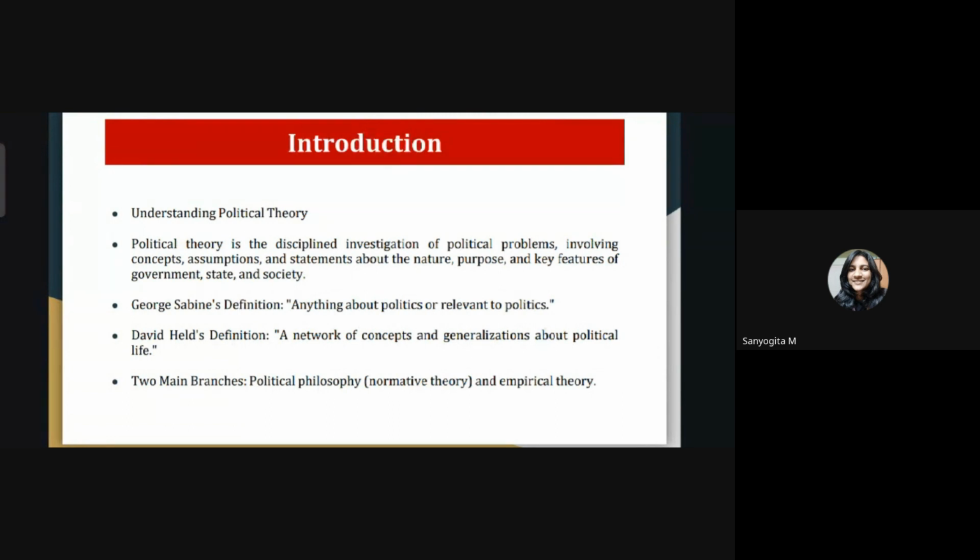Okay, so political theory is what? Political theory is something which is written by various political philosophers in their books, and they gave the idea of different regimes, different states, where you can simply think of the idea of democracy.